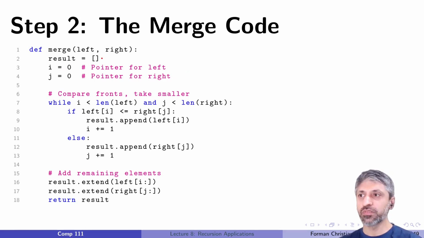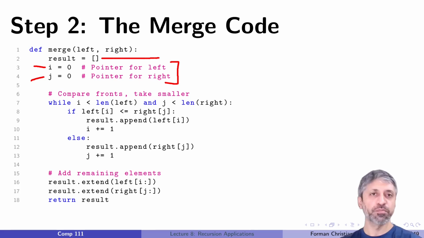On line 2, we start with the empty result. And lines 3 and 4 are setting up the pointers. i is for the left list, and j is for the right portion of the list. The while loop on line 7 is going to keep running as long as both pointers are in bounds.